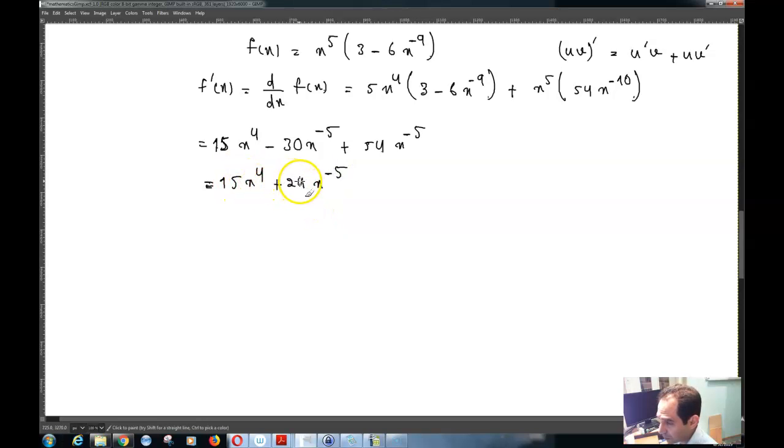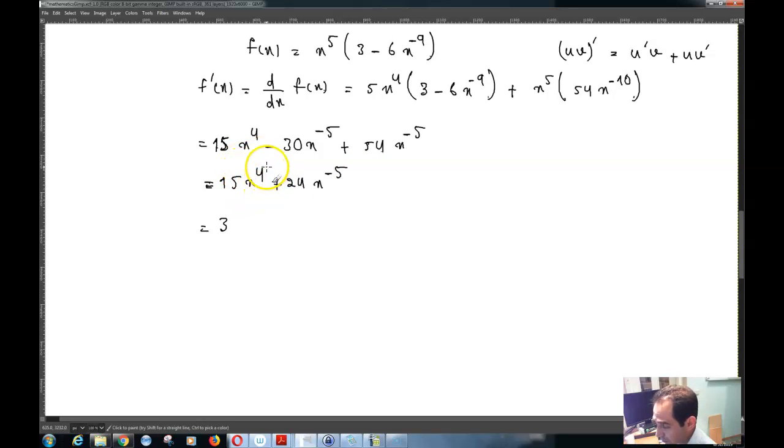And you can divide by 3 here. 24 is the same thing as 2 times 12, 2 times 6, 2 times 3. And 15 is 3 times 5, so you can take 3 out here. You need to take some power of x out.